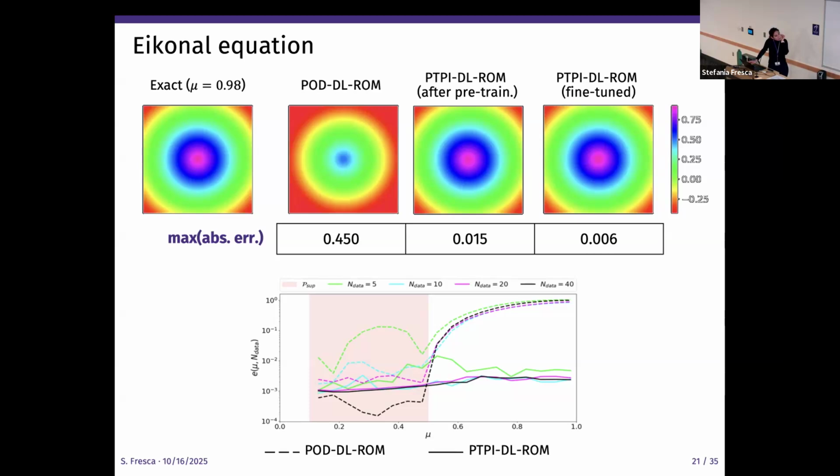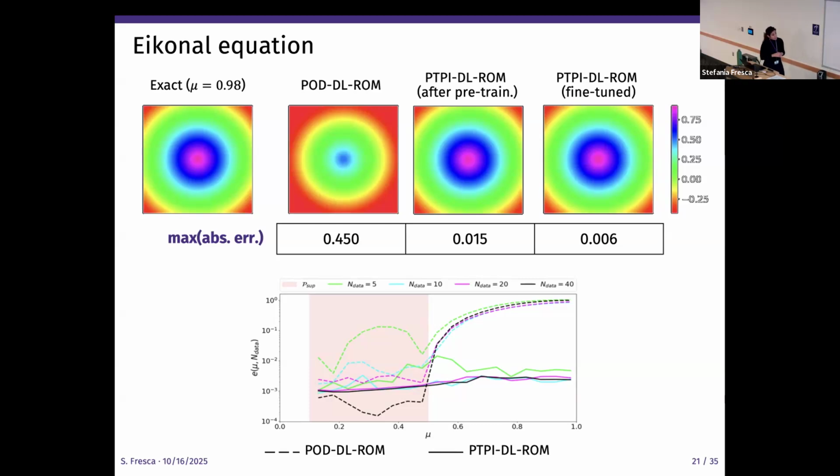We also performed an ablation study with respect to the number of supervised data provided during the training phase. In the interpolation regime, the pink-red box, as soon as the number of labeled data provided during the training phase decreases, the gap in performance between POD DL-ROM and PTPI increases.